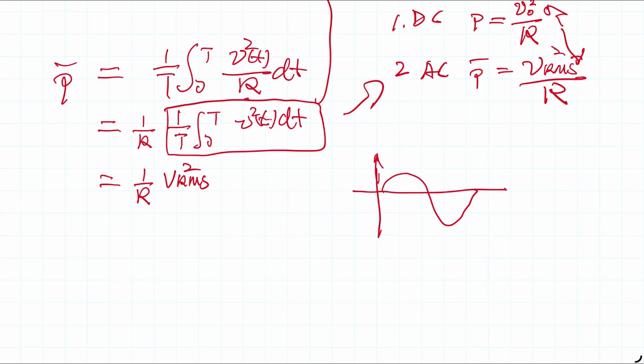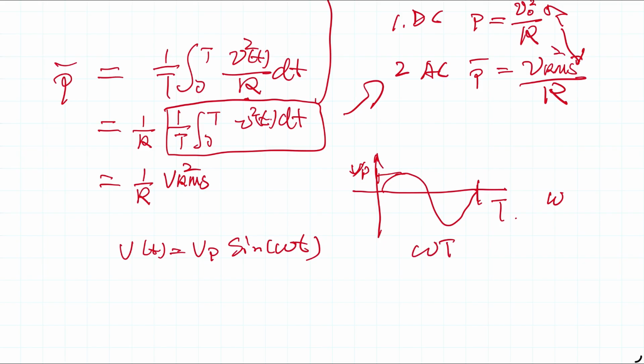We have a peak value, V peak, Vp, and the period is T. The formula for the sine wave is v(t) equals Vp times sine omega t, where omega is the angular frequency. So omega times the 1 period T should be equal to 2 pi.